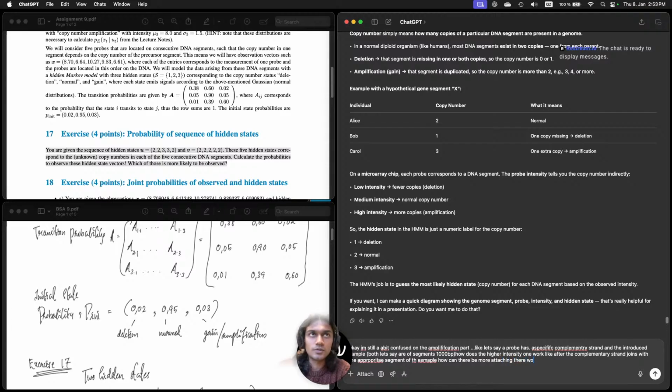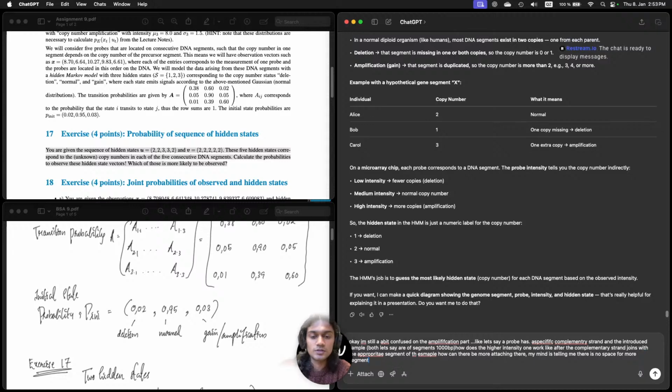There won't. My mind is telling me there is no space for more segments of the sample to attach to the probe.